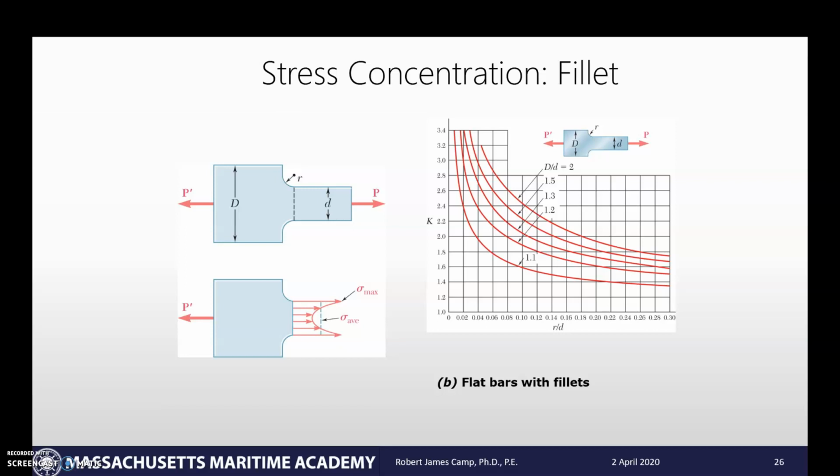Once again, we need to look at the graph, look at the picture. Each of these lines is labeled by big D over little d. And we can look from the picture. Big D is the larger, little d is the smaller. And then we have the radius over little d. So once again, here's our radius, here's little d. And once again, we just put it together like we would the other.